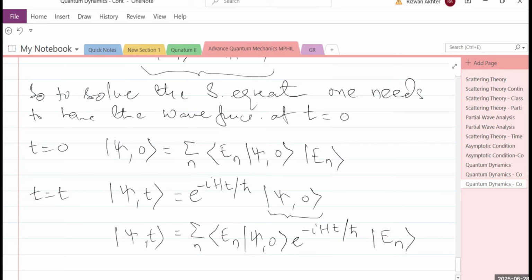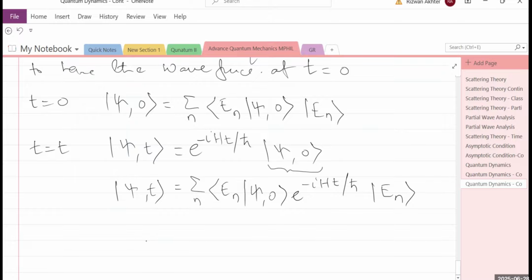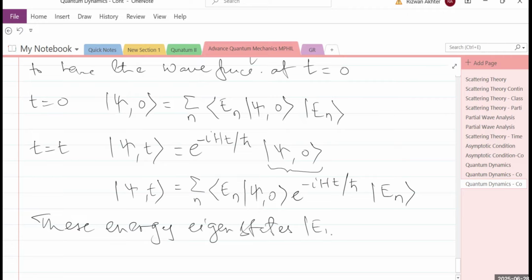And these energy eigenstates En are basically referred to as stationary states.